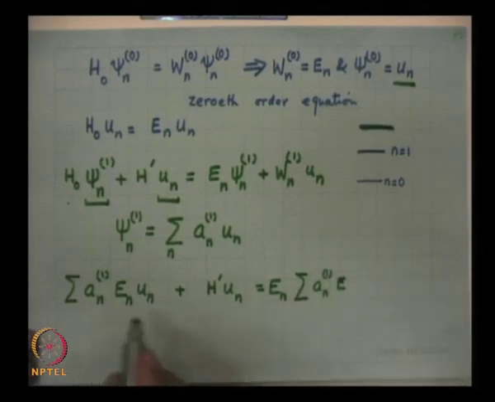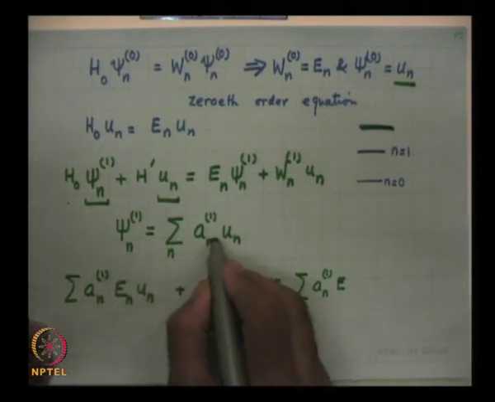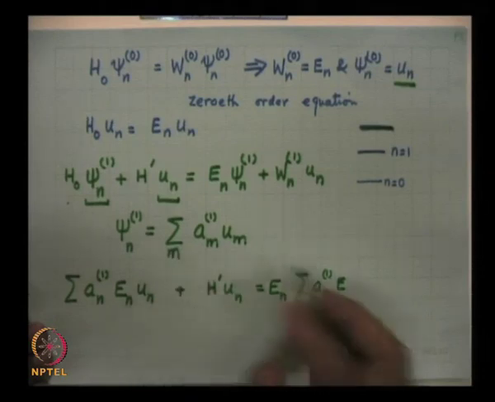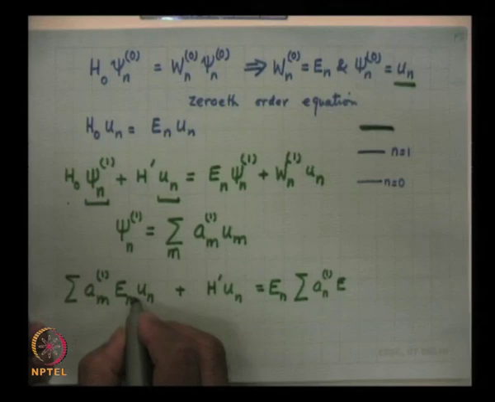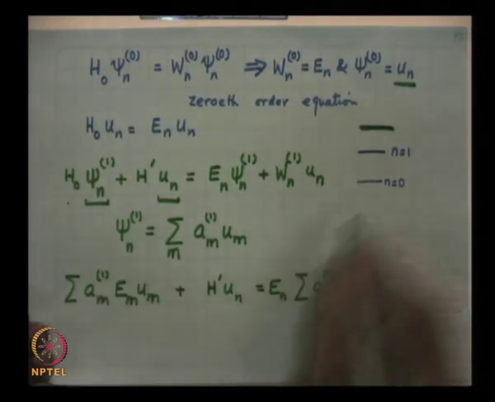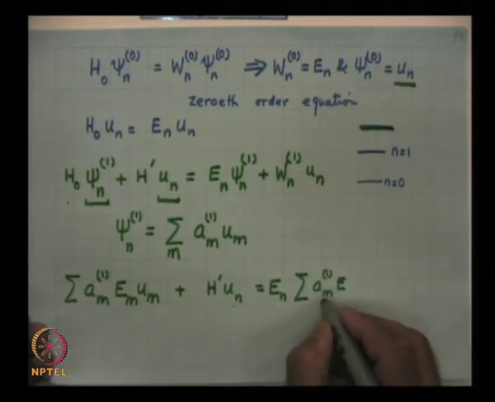Actually, I am expanding, so I must put it here as m, because this is the dummy variable. So, this is a m 1 E m u m. I am considering the perturbation to the nth state, so n is fixed.